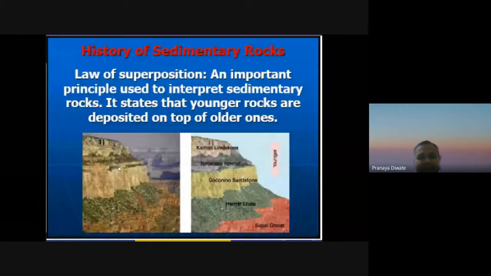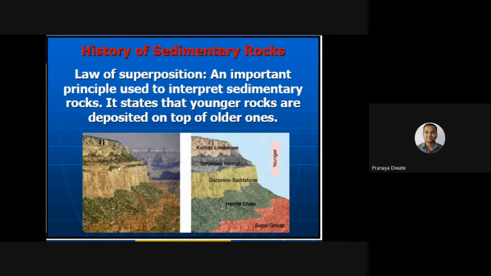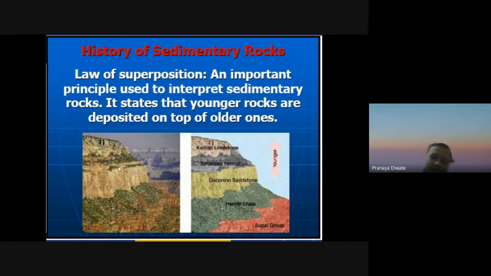It states that younger rock is deposited at the top and older rock at the bottom. I already explained this concept to you. The law of superposition is nothing but the youngest is always on top, whereas the oldest is always on the bottom.